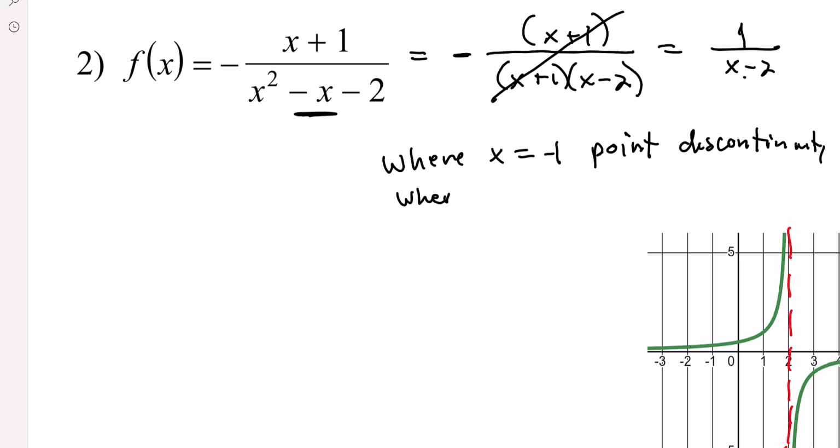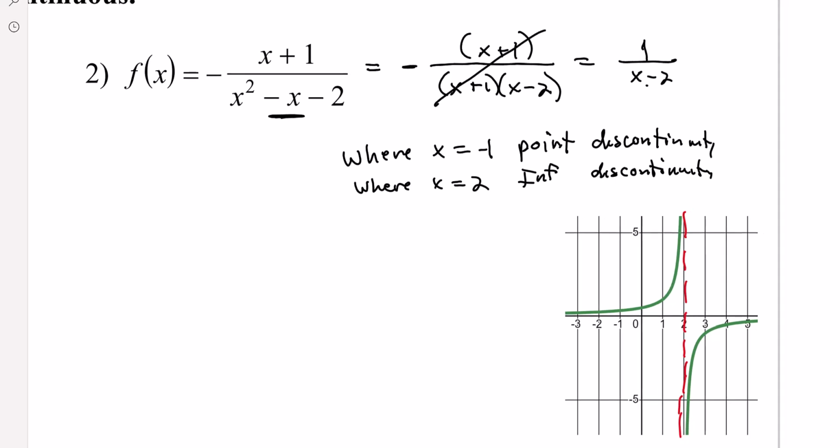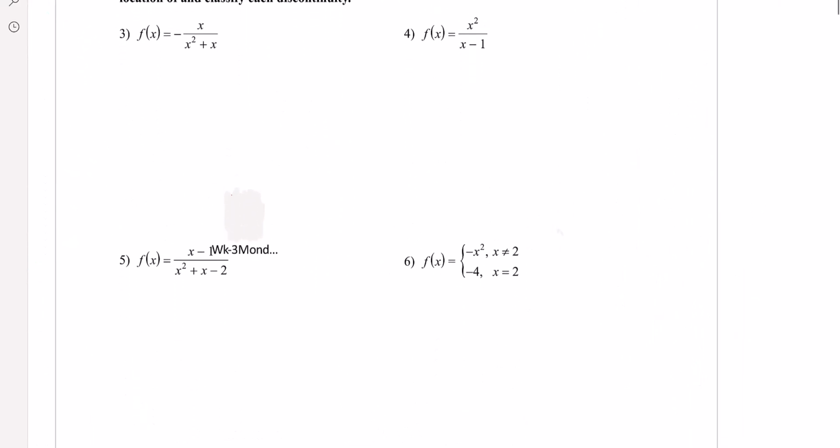So where x is equal to 2, infinite or essential discontinuity. Just like that. What that means is where x is equal to -1, if I had zoomed far out in Desmos, there would have been a hollow dot right there. So that's what that graph would end up looking like. All right, so that's what's going on here.